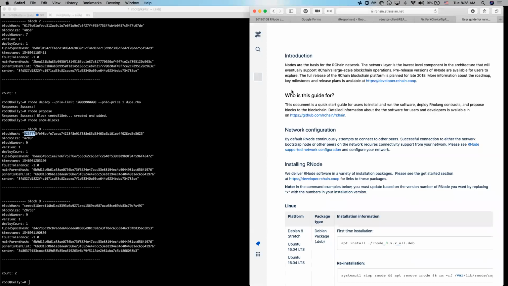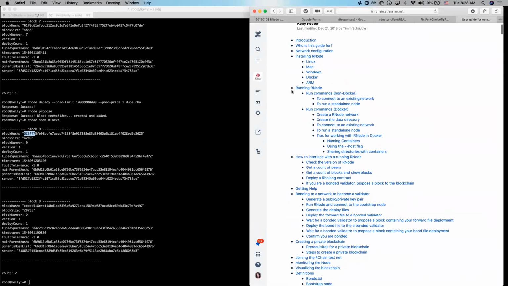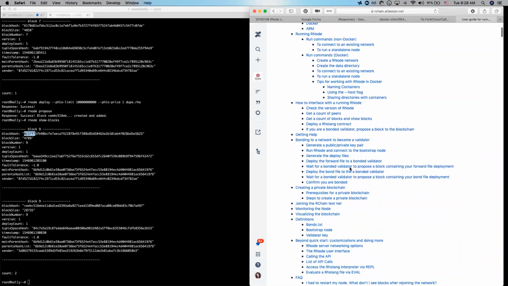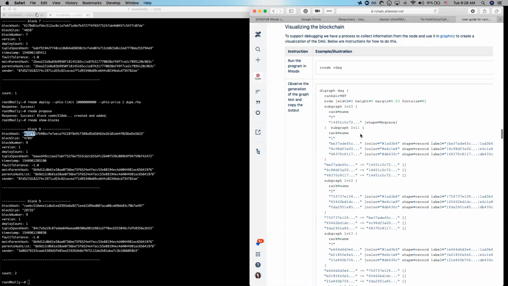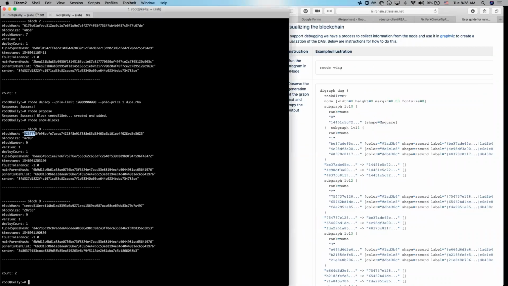I'm giving myself a refresher on how to visualize the blockchain. VDAG, that's right.